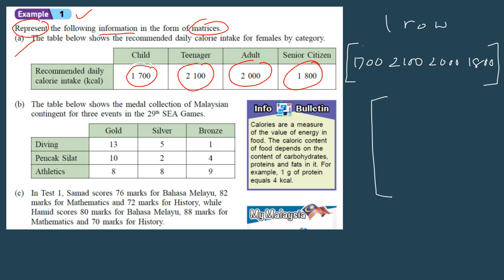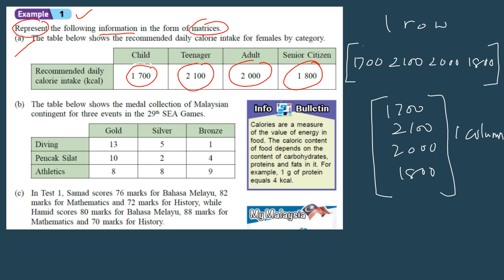This is a 1 row matrix. You can also write it in 1 column. That means you start with 1,700 here, 2,100, 2,000 and then 1,800. This is a 1 column matrix. Okay, you can do like that.